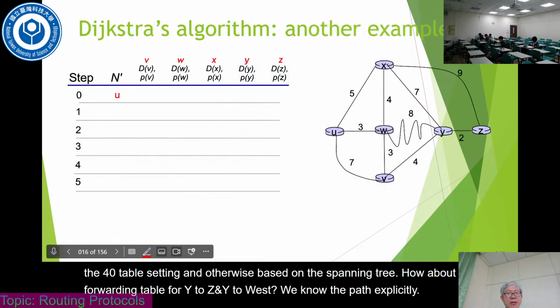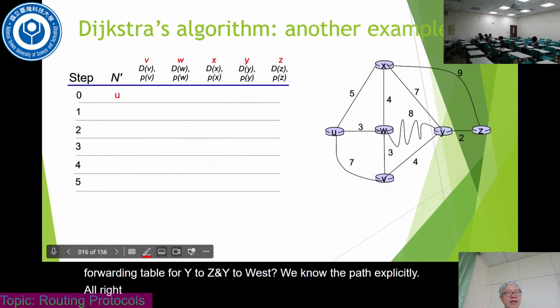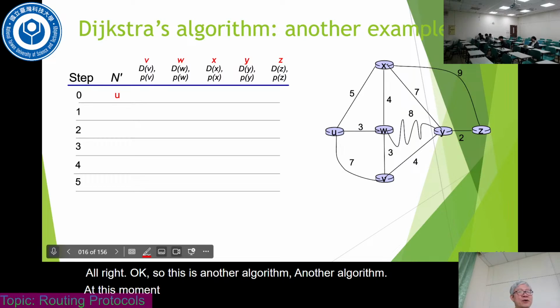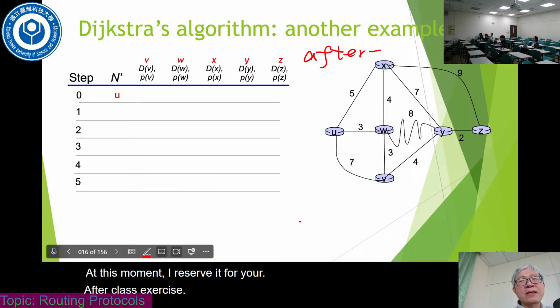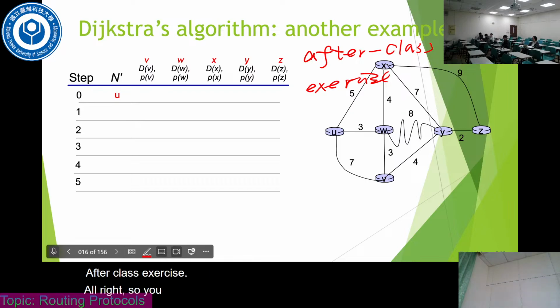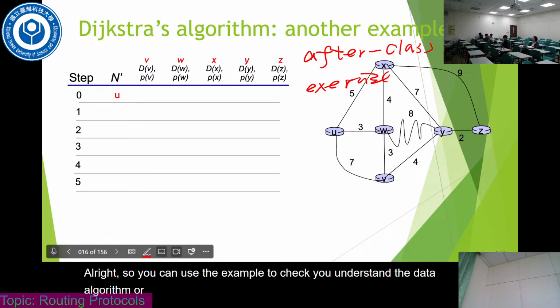Okay, so this is another algorithm. At this moment, I reserve it for your after class exercise. You can use the example to check whether you understand the Dijkstra algorithm or not.